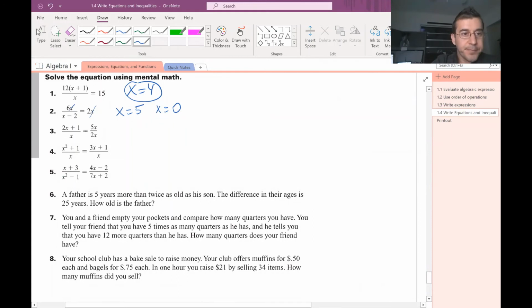All right, number 3, 5x over 2x. So x and x can be canceled out here. 5 over 2 is 2.5, right? 5 divided by 2 is 2 wholes and 1/2, or can be represented 2.5. So x times 2.5 is 2.5x. So we end up with 2.5x on the right side of the equation.